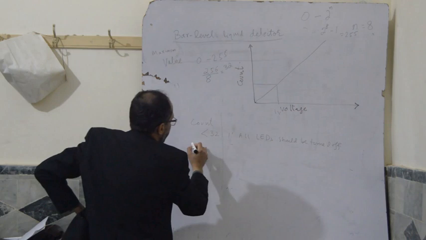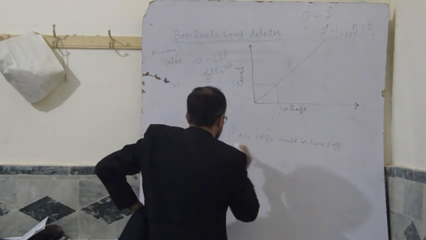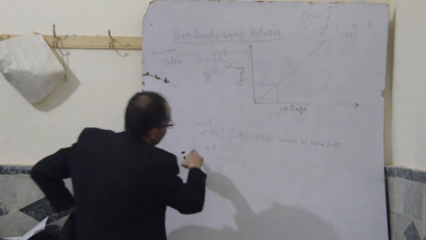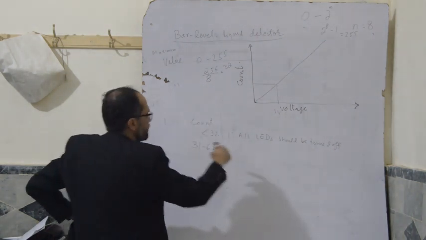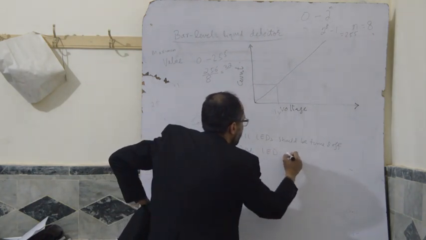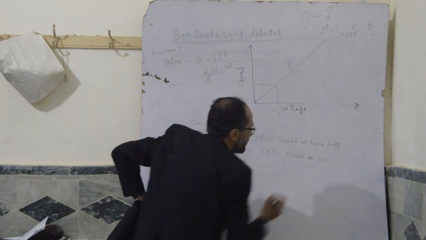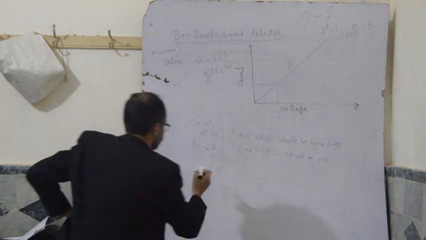But if the count value ranges between 31 to 63, only one LED should be on and the remaining 7 LEDs will be off.